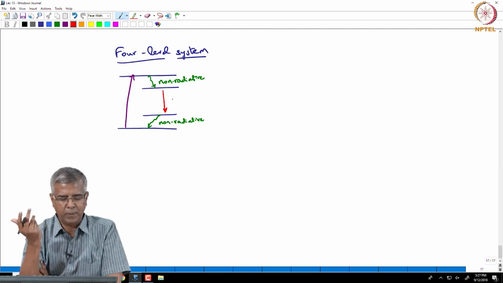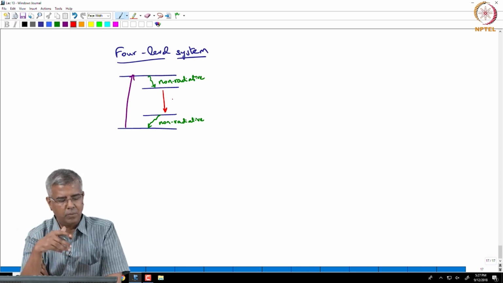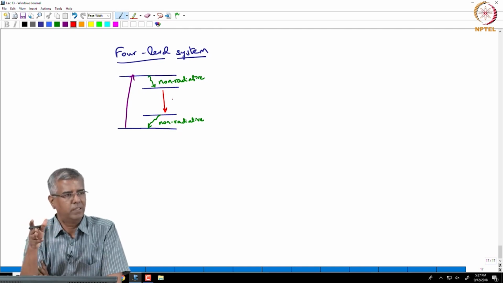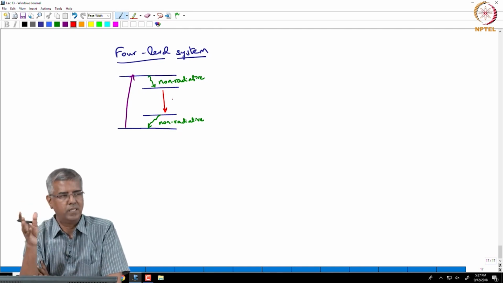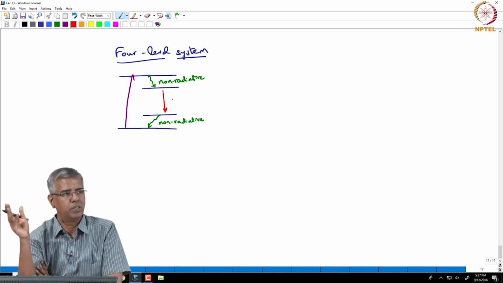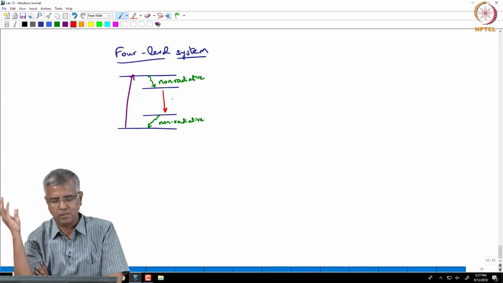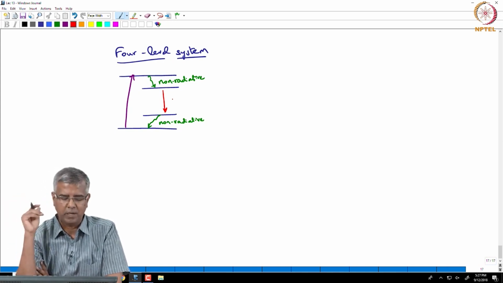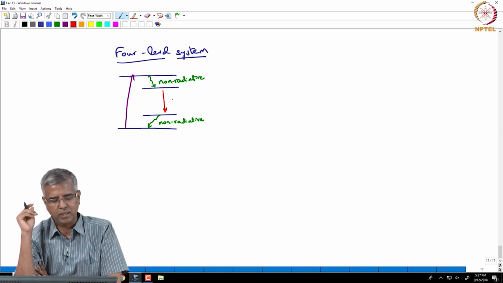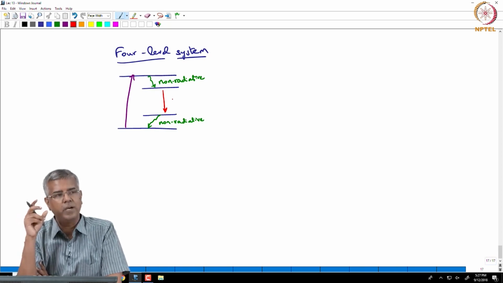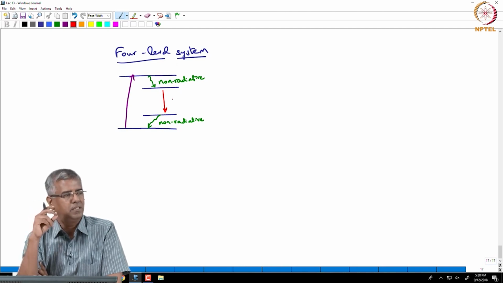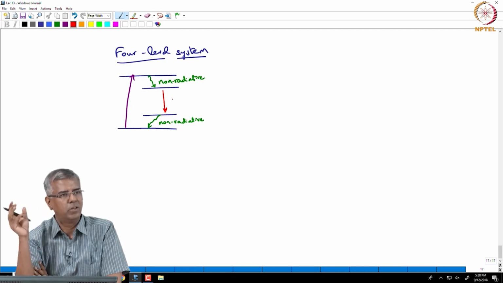So one typical example is, we have been talking about getting gain around near infrared wavelengths, whereas for a lot of sensing applications you need sources in the mid infrared region, 3 microns and above, 3 to 5 microns typically is very interesting. But when you go to 3 to 5 microns, the energy corresponding to that transition, what can you say it will be like when you go to longer wavelengths?